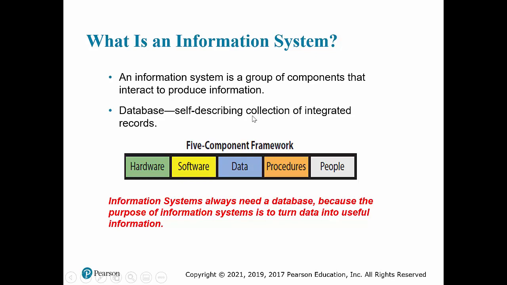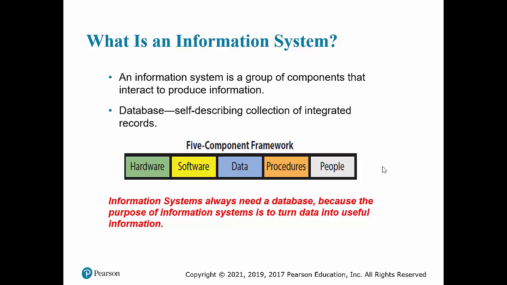If you guys still remember this graph, in chapter 1 we talked about 5 components of information system, and I mentioned over and over again in the class the 5 components: hardware, software, data, procedures, and people. And data is basically the raw data, the records or raw facts that are stored in information systems, and that are processed by information systems to turn into useful information.